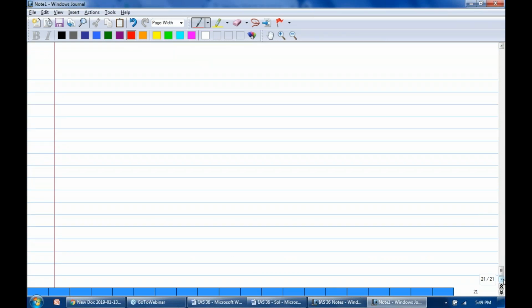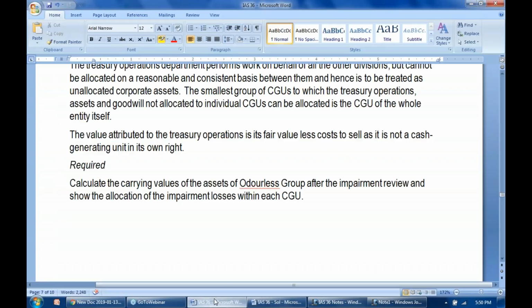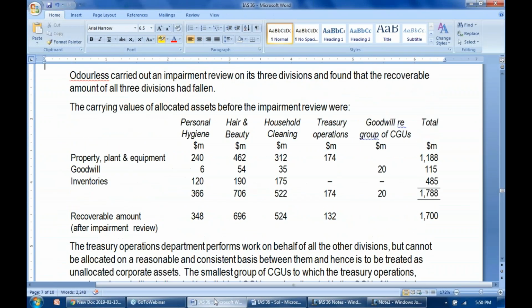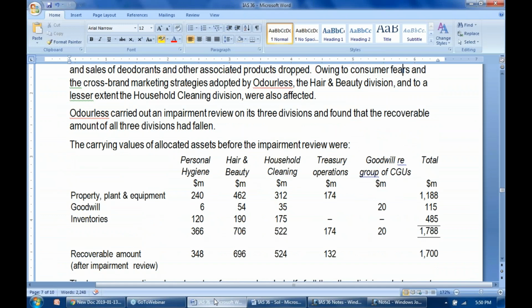You have to consider one thing. Two assignments here. One more is this one.